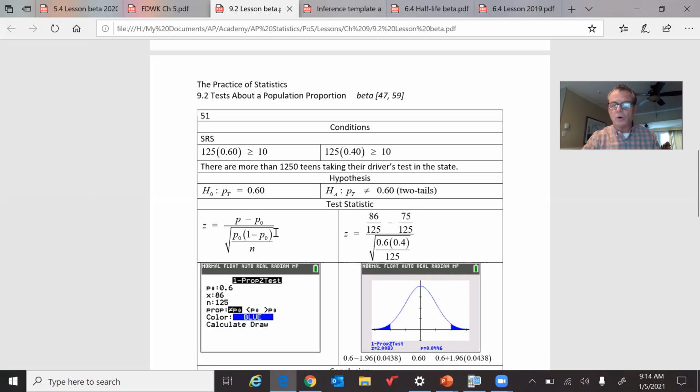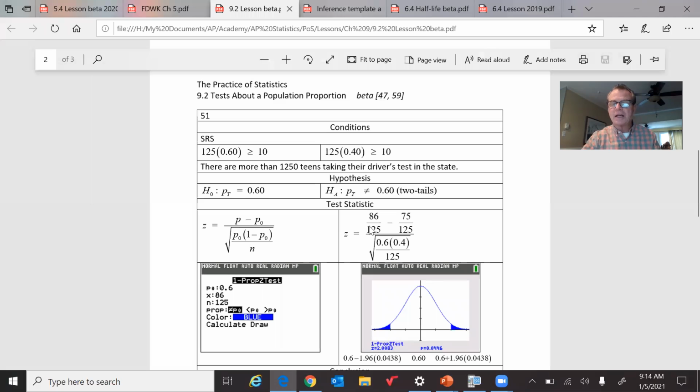So what is the z-score? Remember this p here, for whatever reason, that hat's not showing up. P hat is your sample, 86 out of 125. Subtract 6/10. Well, 6/10 of 125 is 75.